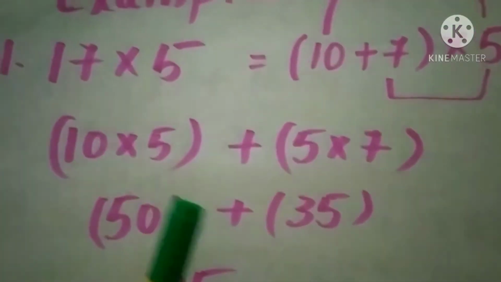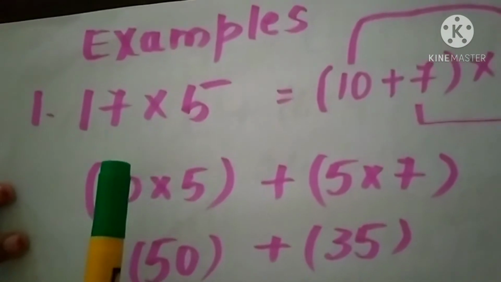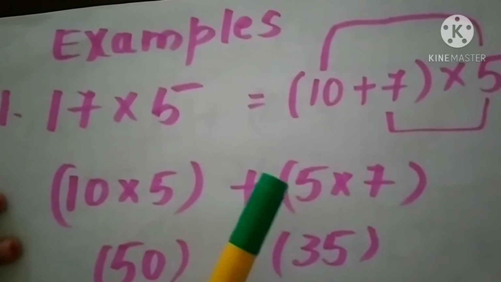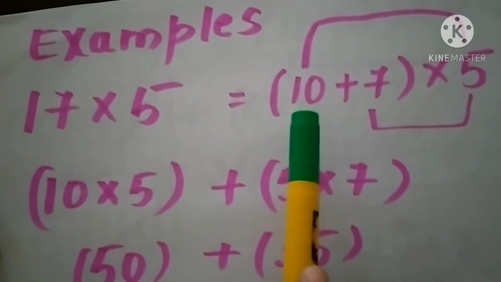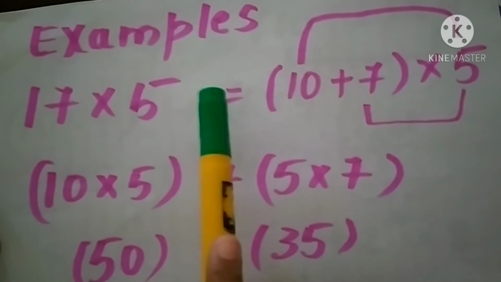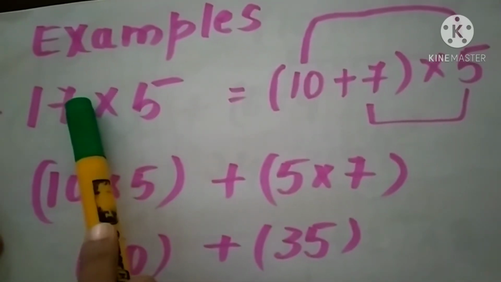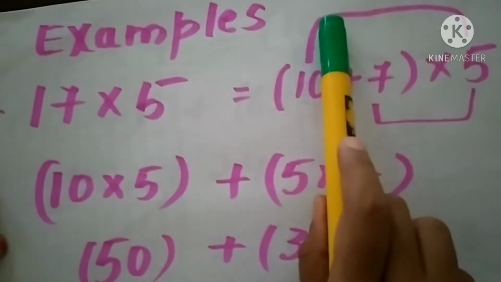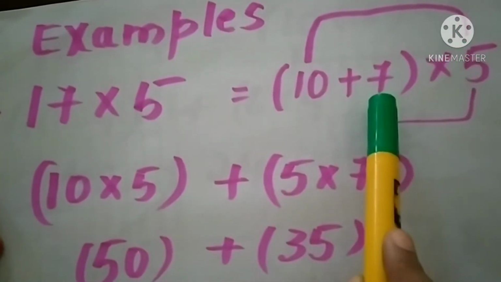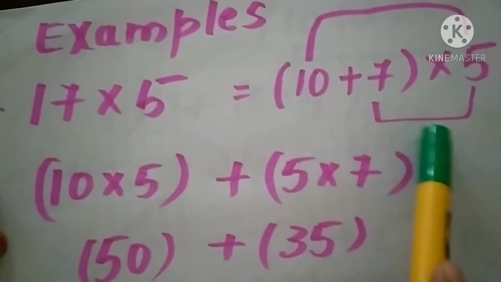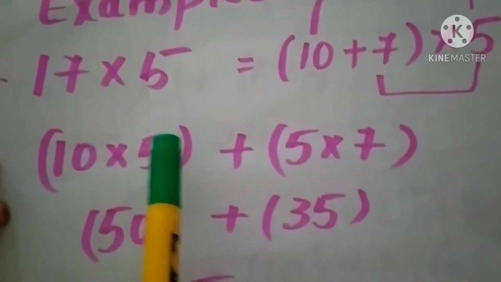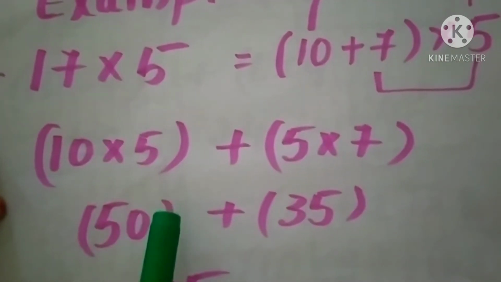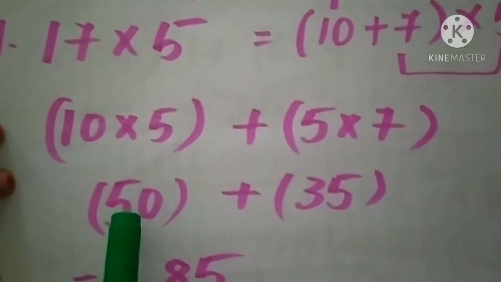For example, if you have 17 into 5, let us expand 17. 17 can be expanded as 10 plus 7. So (10 plus 7) into 5. You first multiply 5 by 10, then you multiply 7 with 5, and the products you add. 10 5s is 50: 5 into 0 is 0, 5 into 1 is 5.